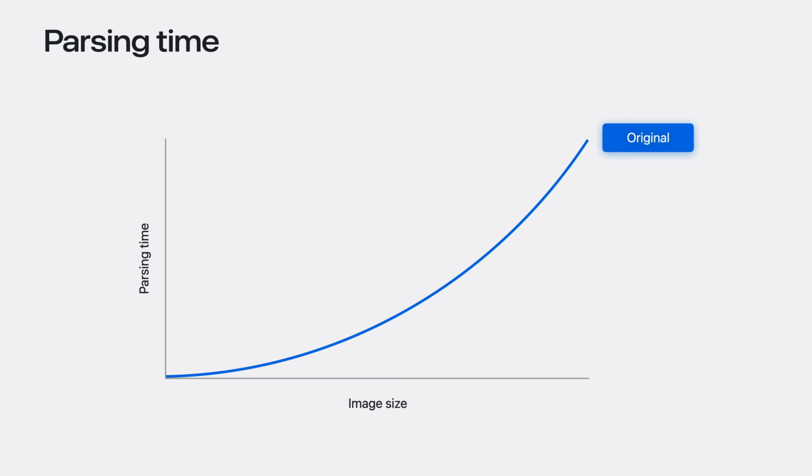With the copying fix in place, the relationship is now linear. There's more of a direct match between the size of the image and the time it takes to parse. We have a bunch more improvements coming up that will improve the linear performance, and we'll be able to compare those improvements more directly.